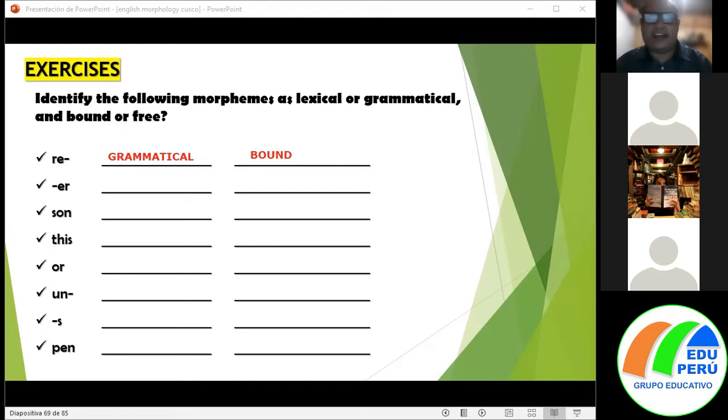Diana Roque, can you write a second? Okay, a ver, voy a intentar. Try it. Muy bien, ya estoy viendo tu nombre. I can see your name. Okay, here is grammatical, bound. Exactly. Write it, please.